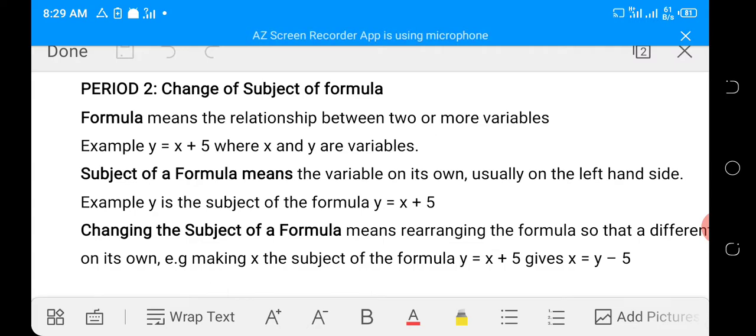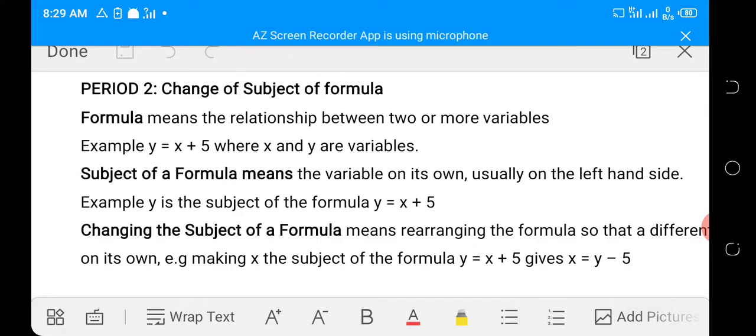Subject of a formula means the variable on its own, usually on the left hand side. That is, the subject of a formula is a variable that is standing on its own, which is usually at the left hand side of the equation.